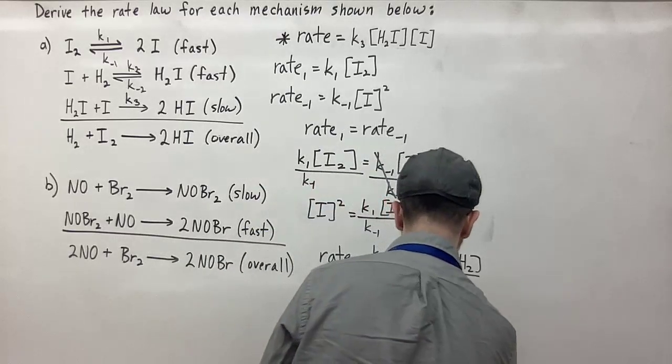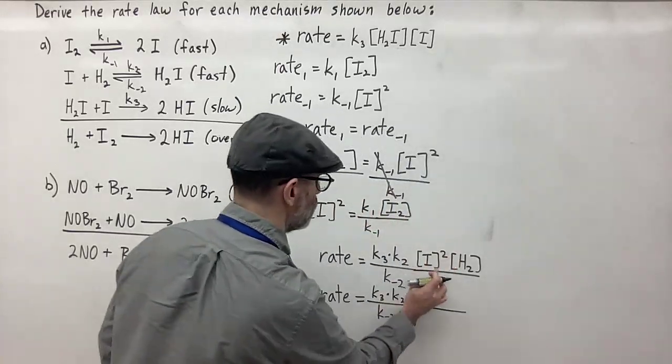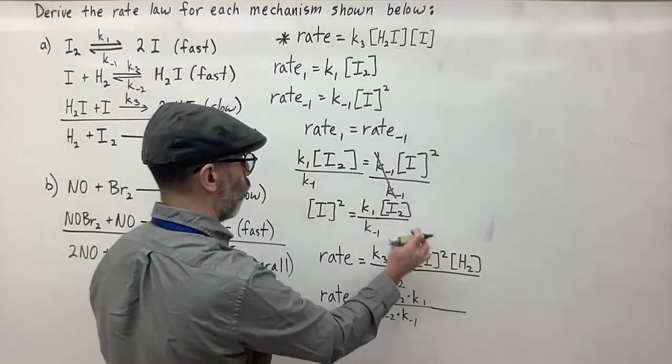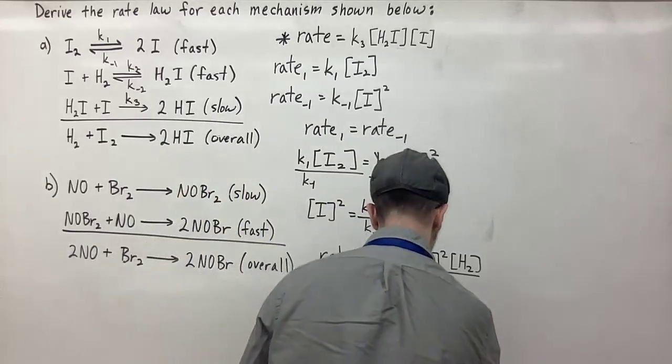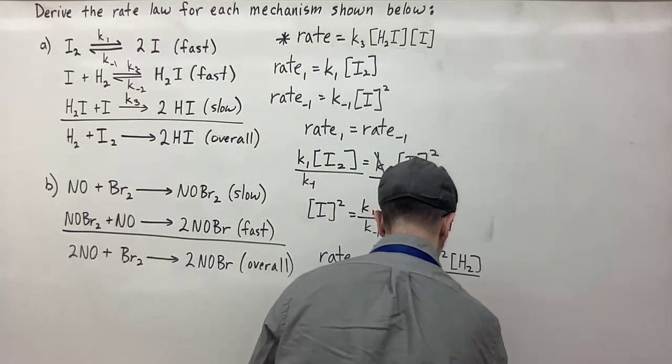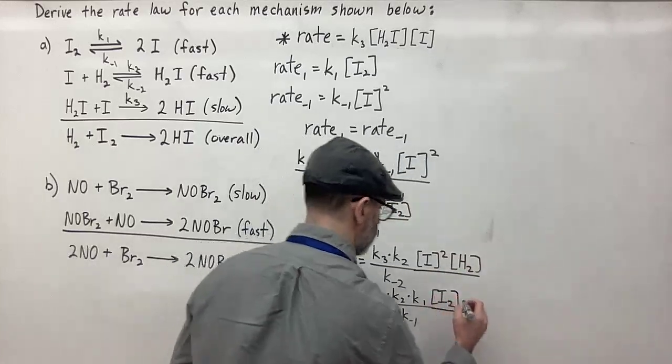And then this is substituted in for I2. So then I2, and then multiplied by H2 here.